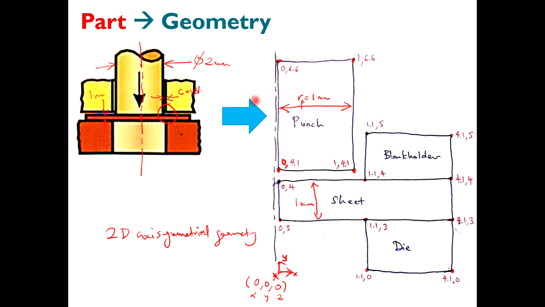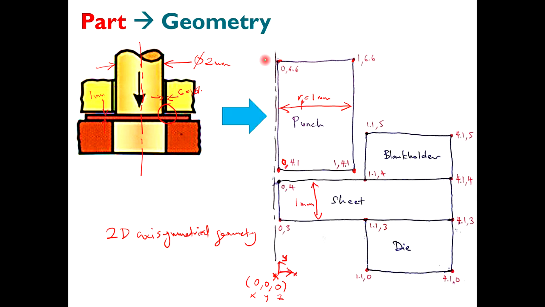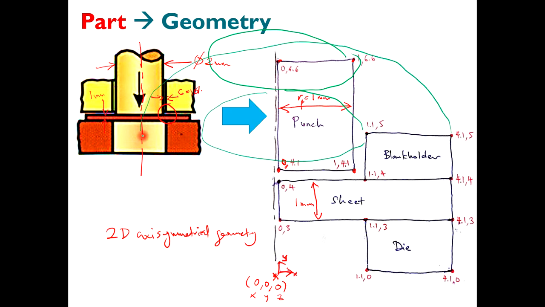What we intend to do is assume that the whole thing here is round. All of this is round.